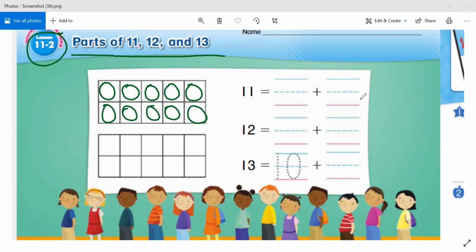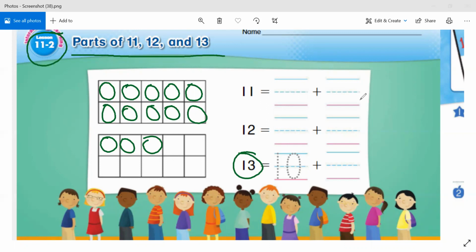So how many counters are showing here? 10. So there's 10 children on the first train. All right, let's go down here. How many counters are in the bottom 10 frame? 3. How many counters are there in all? 13. So let's look over here. What does this number represent?